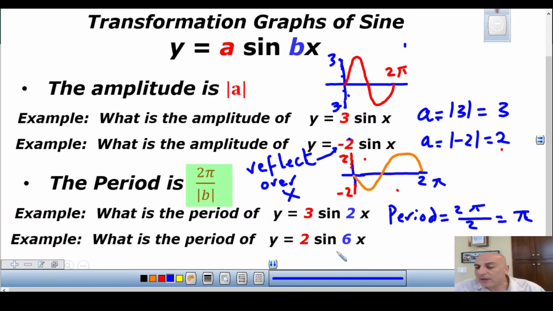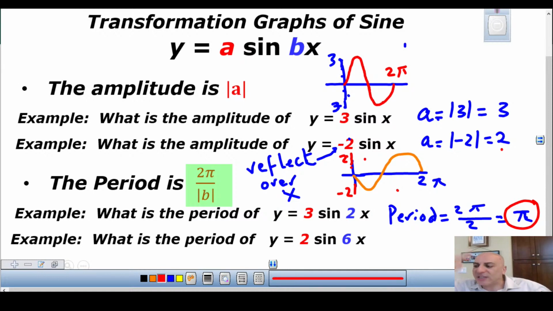Yes, believe it or not, this one would finish the whole wave in pi. Meaning, if this guy is helping his parent mow the lawn or something, and the parent takes 2 hours to finish the job, this little guy says, you know what, Dad? I could finish it in 1 hour.